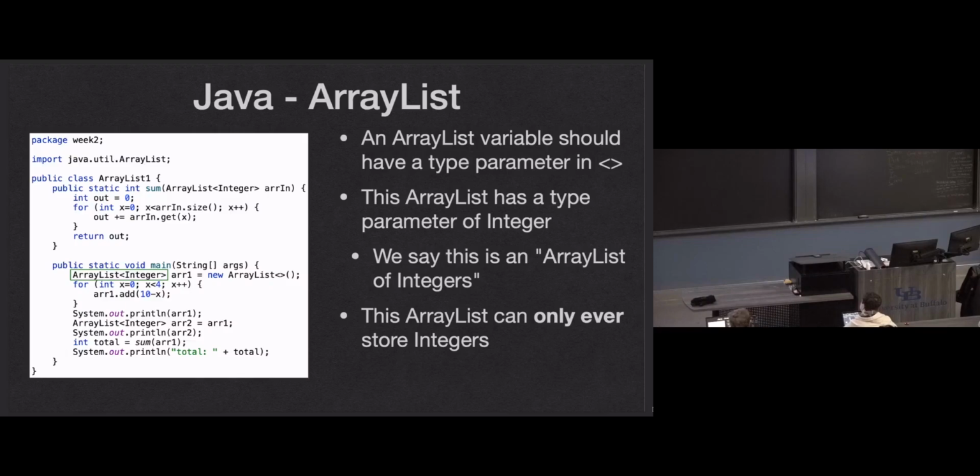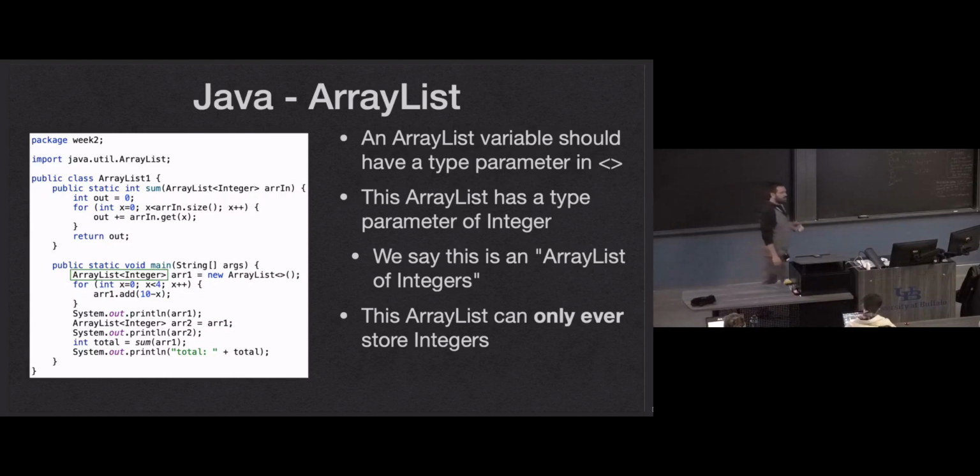So we don't just create an ArrayList, we're going to create an ArrayList of something. Here we're creating an ArrayList of Integer, and we do that by putting a type parameter inside angle brackets. I guess a type argument in this case. We're going to specify what type this ArrayList is going to store. So we say this is an ArrayList of integers, or an ArrayList that stores integers.